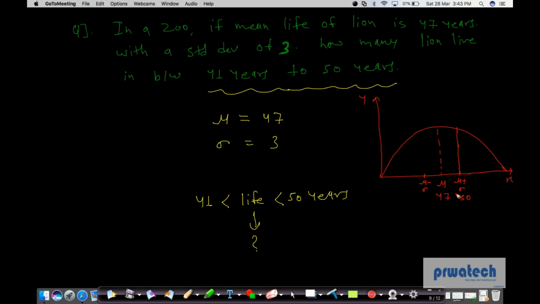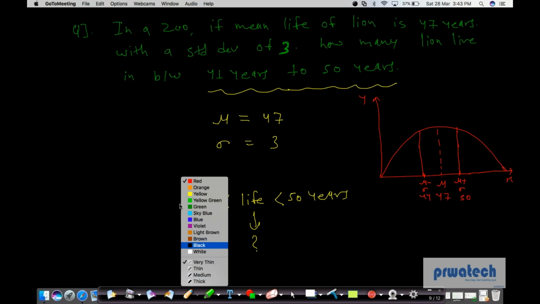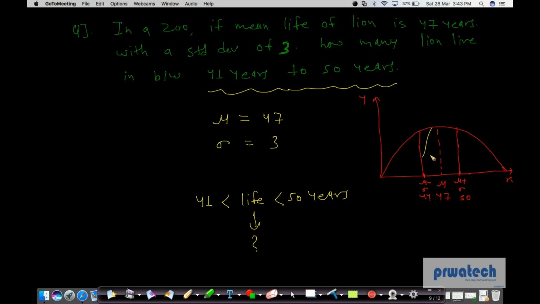If you subtract 3 from the mean, then this is 47 minus 3, which is 44, right? And what is the value of this area? This area is 68%, that we know so far.